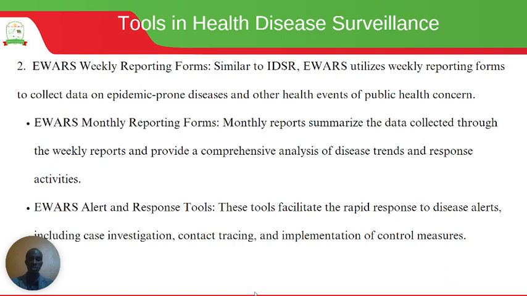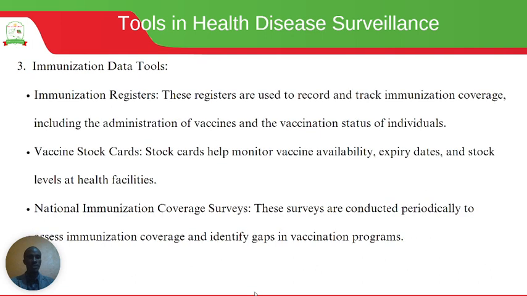And then implementation of control measures is also documented using this EWAS alert and response tool, because we want to know which measures have been put in place, and then we can always look back and see, are those measures being effective in controlling this particular disease? Okay, if they are not, which others can be put in place without repeating those which are not effective? Yeah, so that is the essence of recording or reporting these control measures.